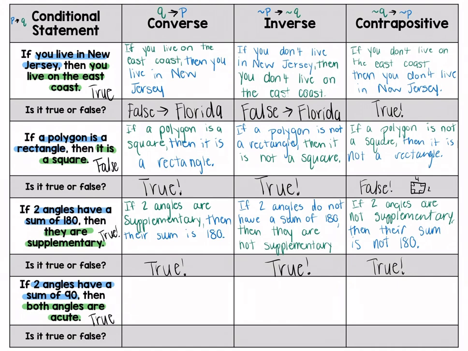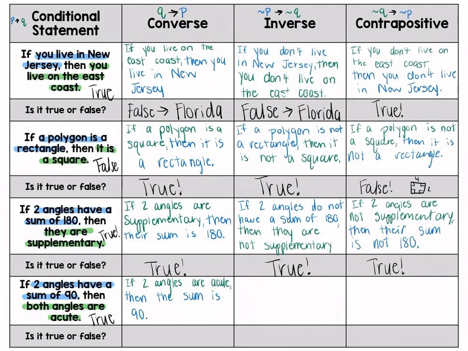So now let's write the converse. So if two angles are acute, then their sum is 90.